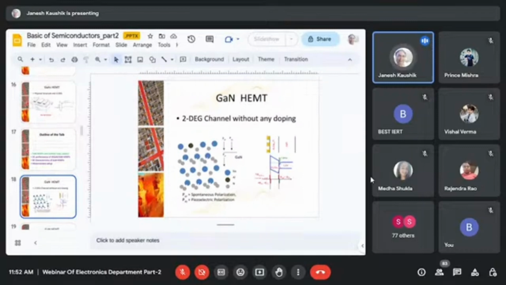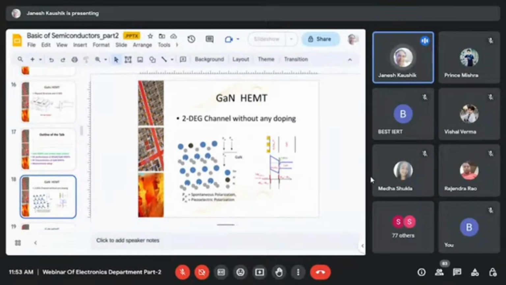Sorry, actually this diagram is not completely visible, the atoms and their bonds. But here I want to show that there is an aluminum gallium nitride layer above the gallium nitride layer. And as I discussed earlier, this is a piezoelectric material. When we grow aluminum gallium nitride over gallium nitride pseudomorphically, meaning the lattice constant of the AlGaN layer follows that of gallium nitride, the natural lattice constant of AlGaN is smaller than gallium nitride, but it will follow the lattice constant of the gallium nitride layer.